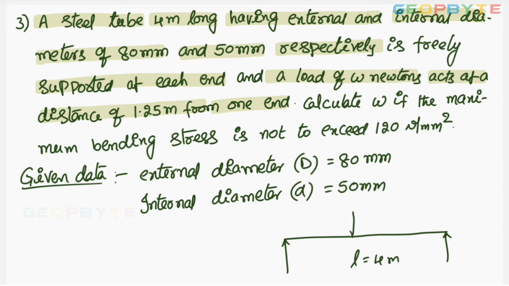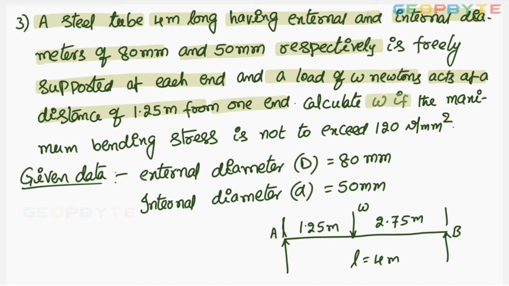The load W is acting at a distance of 1.25 meters from one end. Assume from A, the load is acting at 1.25 meters. The other end is 2.75 meters. Then this is the B.